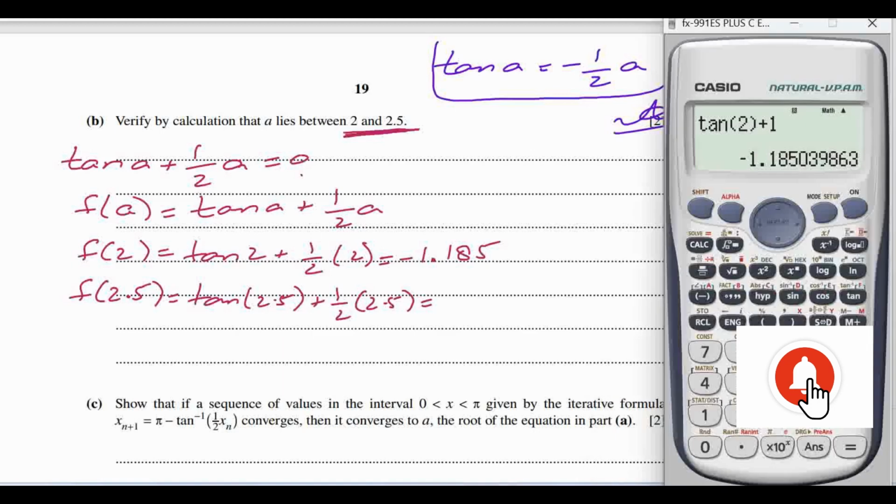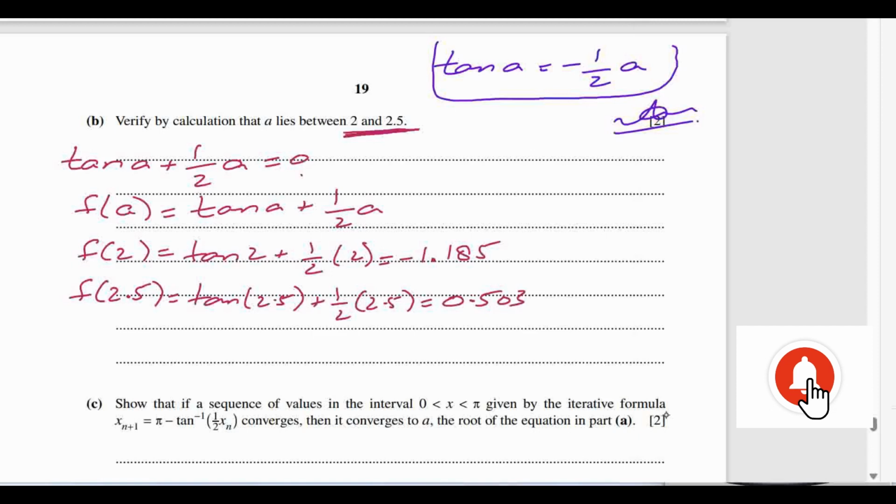So let's find out this one. This will be equal to tan of 2.5 plus 1 by 2 into 2.5, bracket close. So this will be equal to 0.5029, so 0.503, let's suppose.